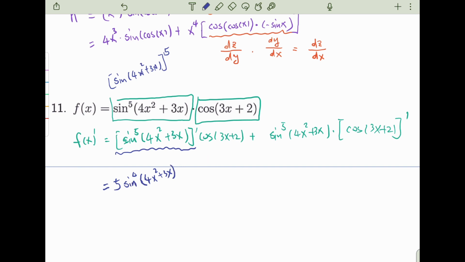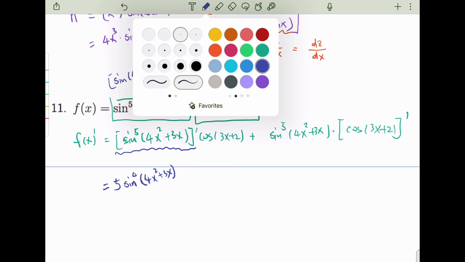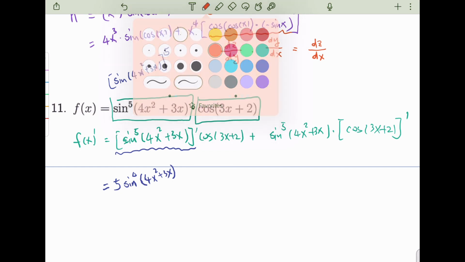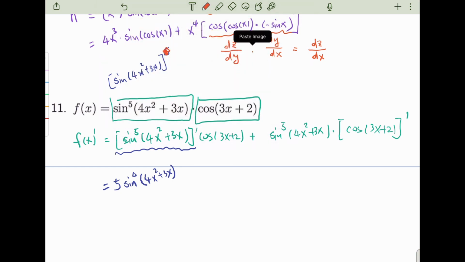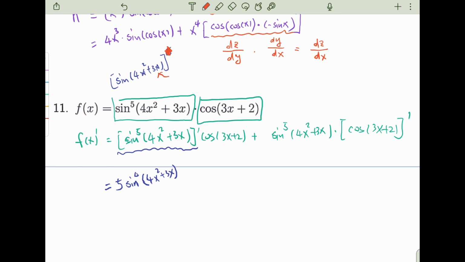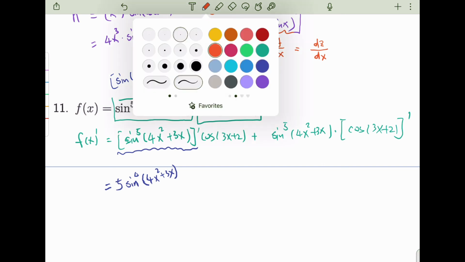So that is just the derivative of the first layer, right? After we're done with the first layer, we move on to the second layer, and then we cross out this 5, right? We focus on this expression now. So that is the sine function, which is the second layer.